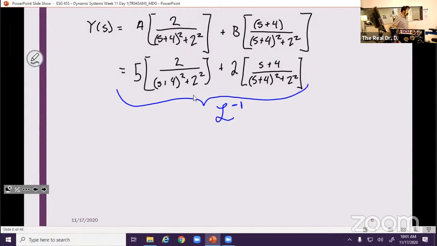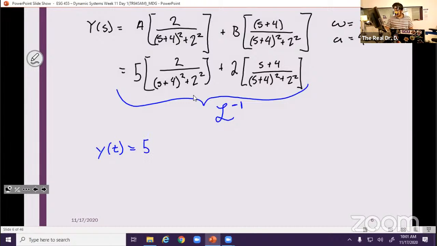Then I'm using my inverse Laplace transform. So I take that into the table. I already know that that first one is a sine, because remember, we already looked at that, and we said we know that omega is 2 and a is equal to 4. That's a plus. So now the inverse Laplace transform of y of s is y of t.